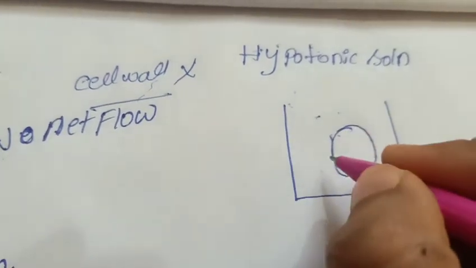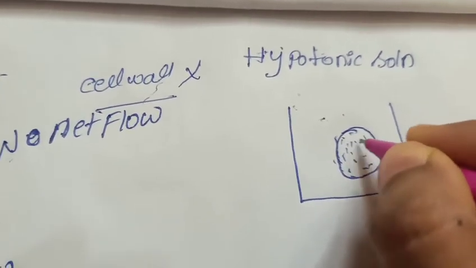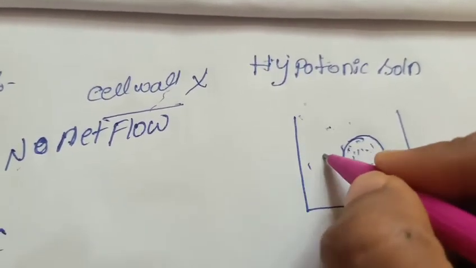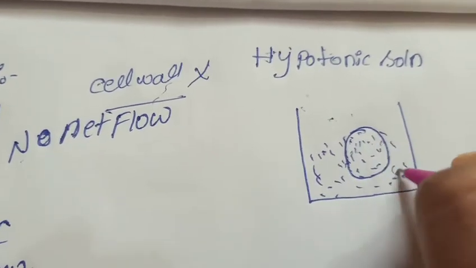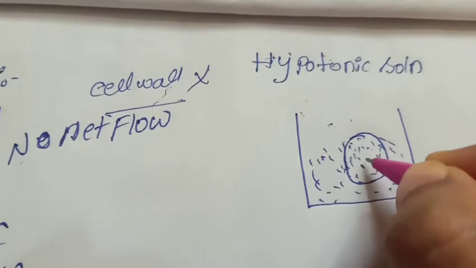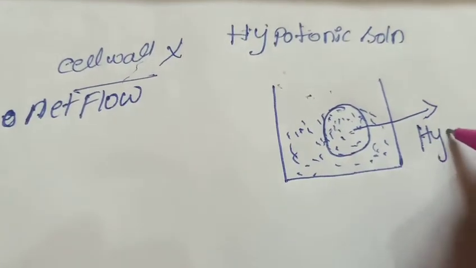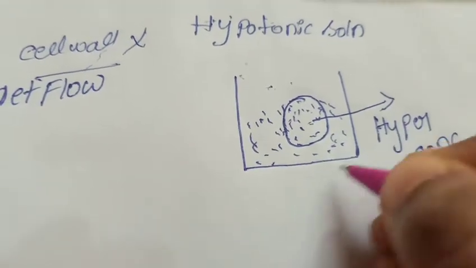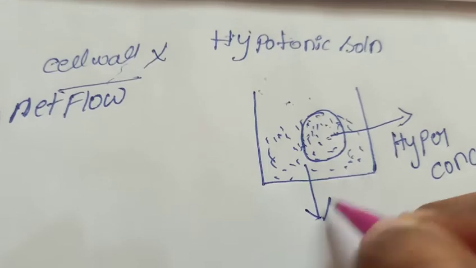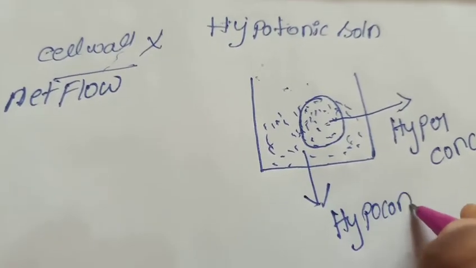Here the concentration inside the cell will be more, and the concentration outside the cell will be less. The concentration inside the cell is more, so we take it as the hyperconcentration, and the concentration outside the cell is known as the hypoconcentration.